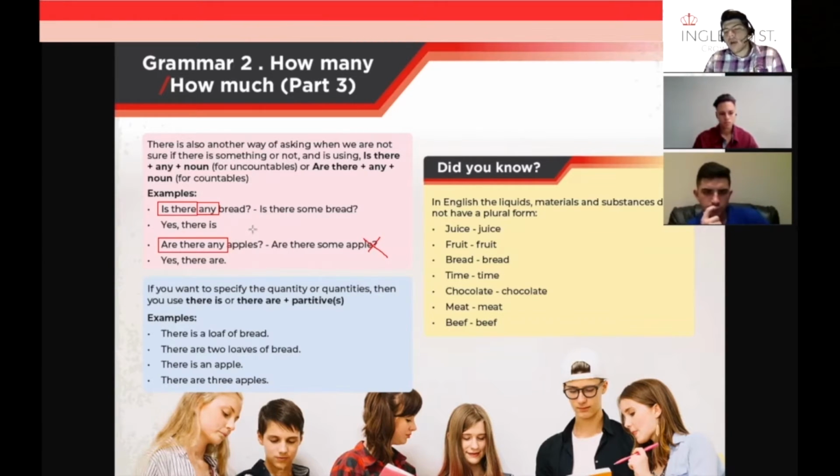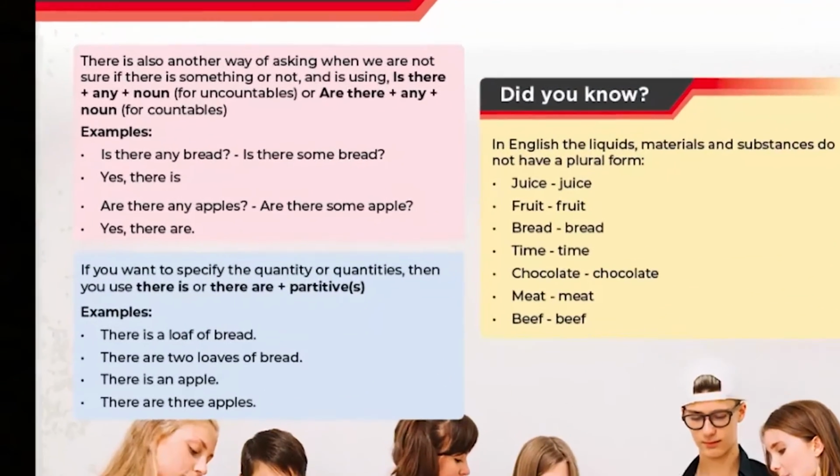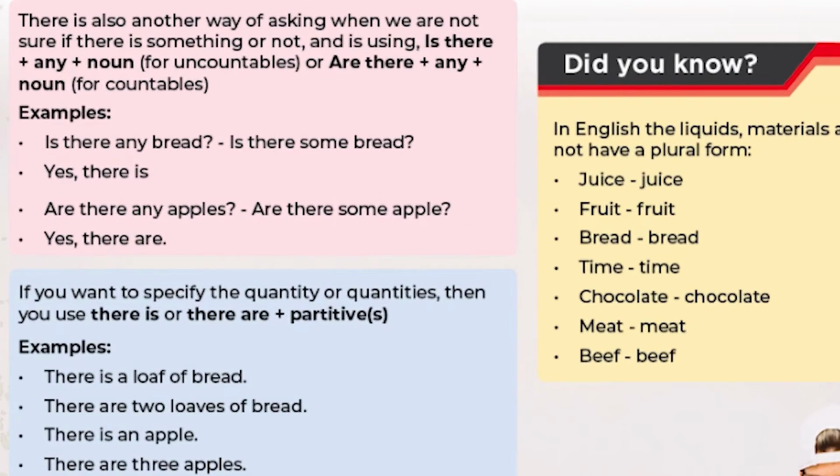Entonces, en vez de preguntar how much bread is there in your house, como lo preguntamos en la slide anterior, también podemos preguntar is there any bread in your house, lo cual realmente tienes duda de si hay o no hay, cuando en el otro caso estás preguntando muy específicamente cuánto, ¿ok? Y bueno, esta es otra forma de hacer la pregunta.